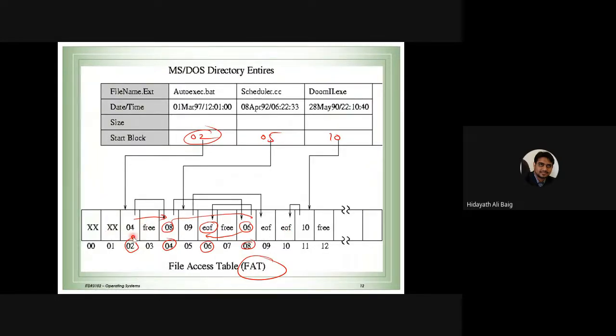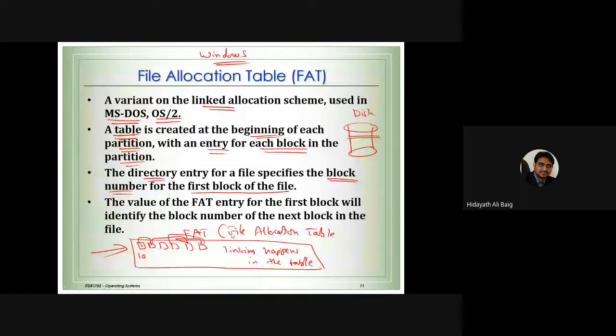If I want to read the data for a particular file, I need to come to this table. The table has all the information about which part of the hard disk the data is kept in. So this method is safe compared to linked allocation. It's a variant of linked allocation. It is not something special. It's one kind of linked allocation.